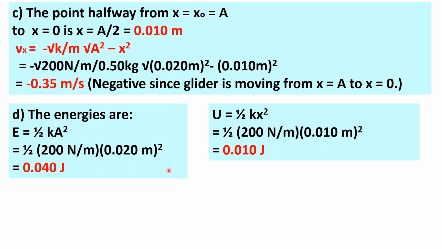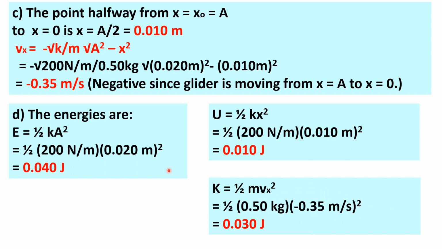And finally, for the kinetic energy, which is 1 half mv squared or vx squared, substituting 1 half multiplied by the mass, 0.50 kilogram, and the square of the vx that we obtained earlier in letter C, square of negative 0.35 meter per second, simplifying, our value for the kinetic energy is equal to 0.030 joules.